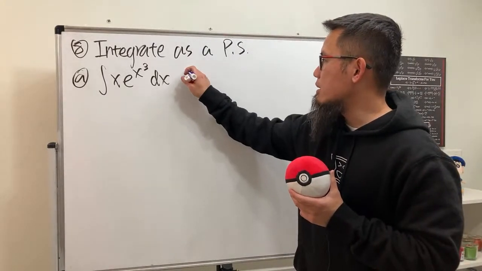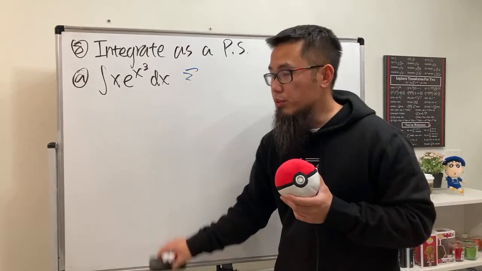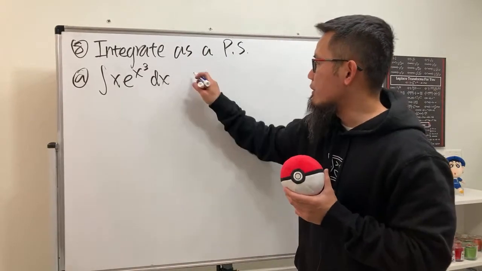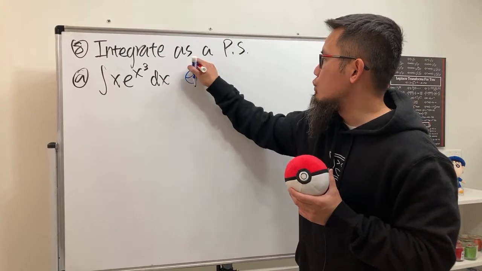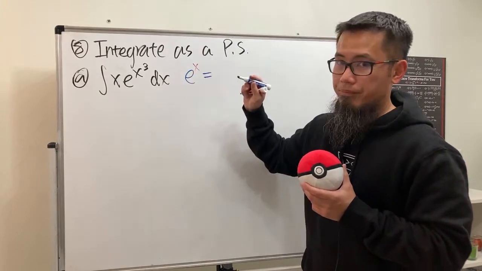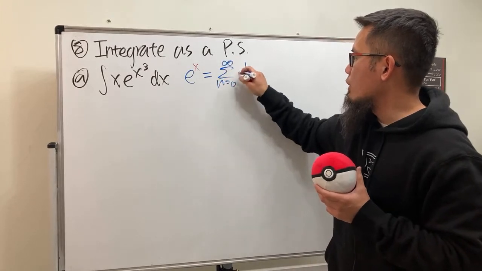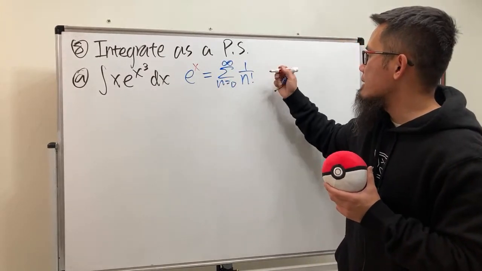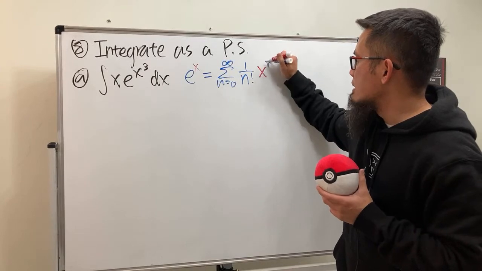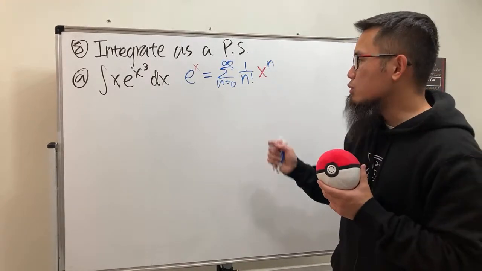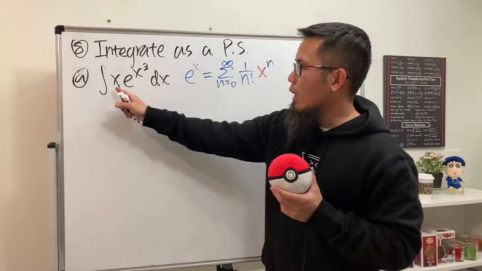Just as a reminder, for e to the x, let's just put that down first. When we have e to the x, this right here is equal to the series as n goes from 0 to infinity, 1 over n factorial, x to the n's power, right? So that's what we have. Now we have to get this.